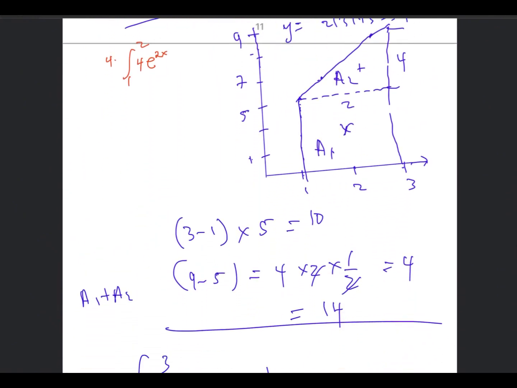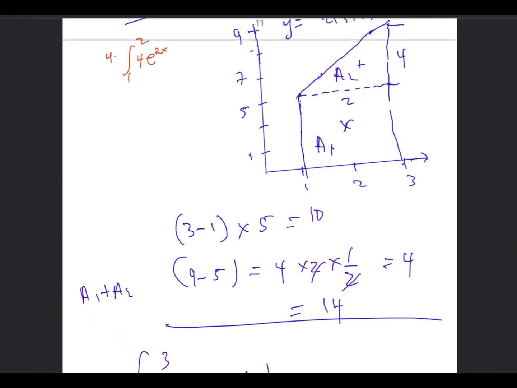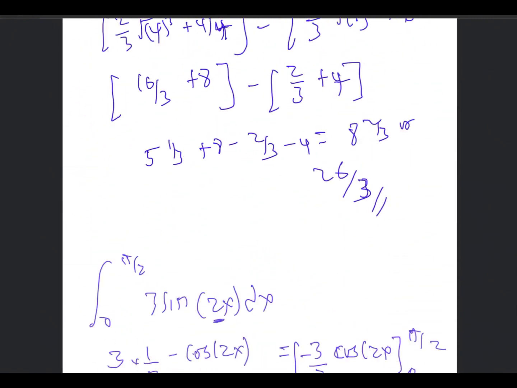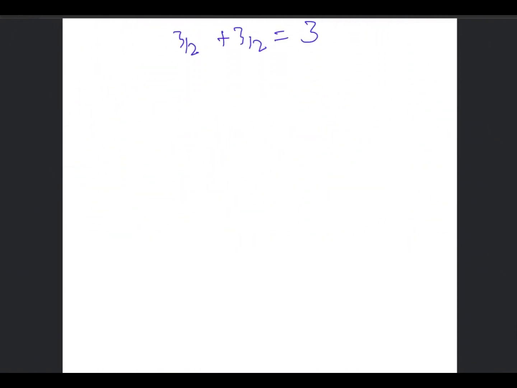And then let's look at the last example. The last example is 4 exponent 2x. Let's quickly solve it as well. Question 4: the integral from 1 to 2 of 4 exponent 2x dx. So with this question, the same approach, you know how to integrate it.